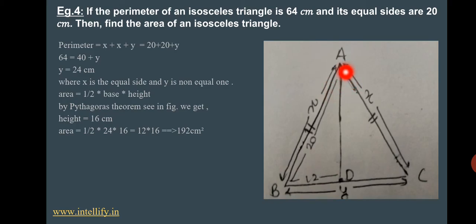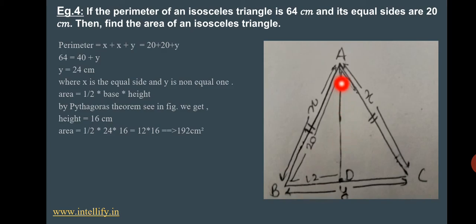Through the Pythagoras theorem we can easily find this AD. For height we have to draw the midpoint in the triangle. The midpoint divides the line into two equal parts. That's why BD is 12 centimeter, through which we get AD after solving by Pythagoras theorem.